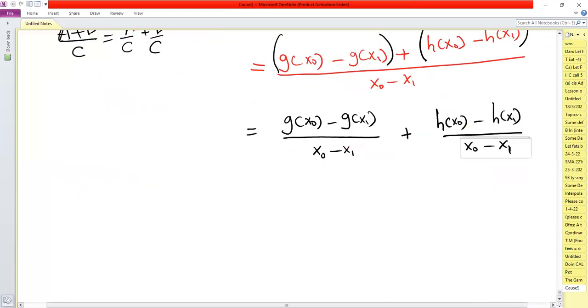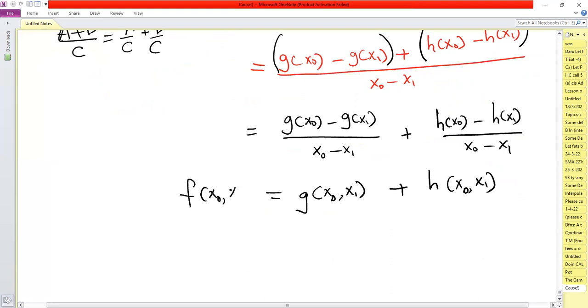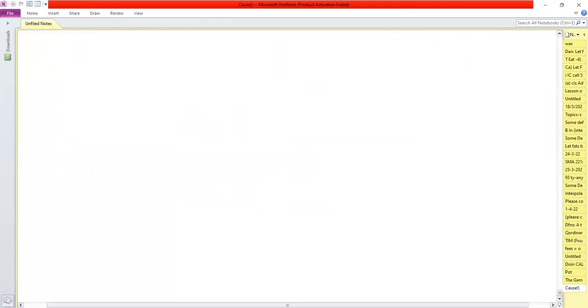This first expression is the definition of the first divided difference of g at x0, x1, and this one is h[x0, x1], which is the first divided difference of f at x0 and x1. So a similar result for the difference can as well be obtained using the same approach.